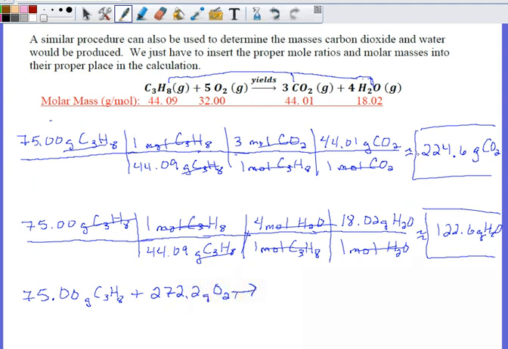And then our 224.6 grams of CO2 and 122.6 grams of water. So if you add this up on this side, you get 75 plus 272.2, that's 347.2. You only get one decimal place because when you're adding or subtracting, but that's your grams of reactants total.